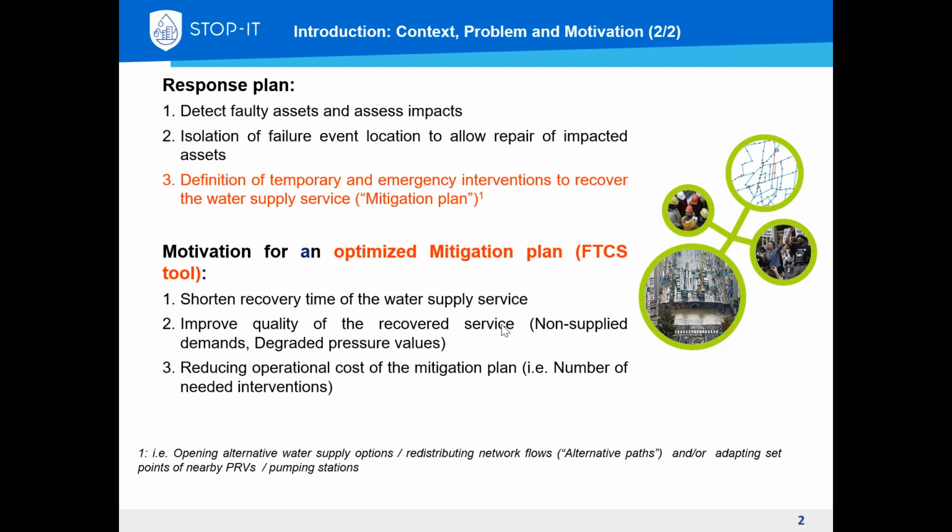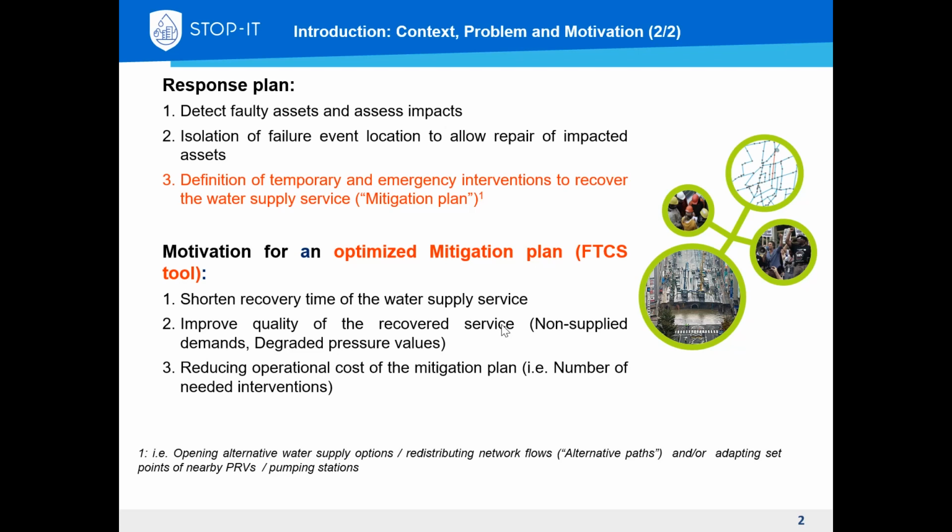This is the typical response plan when this problem occurs. First, to detect the faulty assets and assess the impacts, then isolate the failure event location to allow repair of the impacted assets, and then to define temporary and emergency interventions to recover the water supply service.